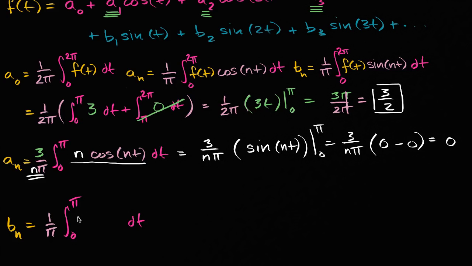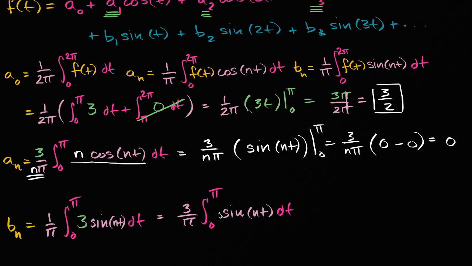Actually, I don't want to skip too many steps. It's going to be 3 times sine of nt. And let's see, how can I reconstruct this so it's easy to take the antiderivative? Well, if we take that 3 out front, it's going to be 3 over pi, and then you have your definite integral from 0 to pi of sine of nt dt.